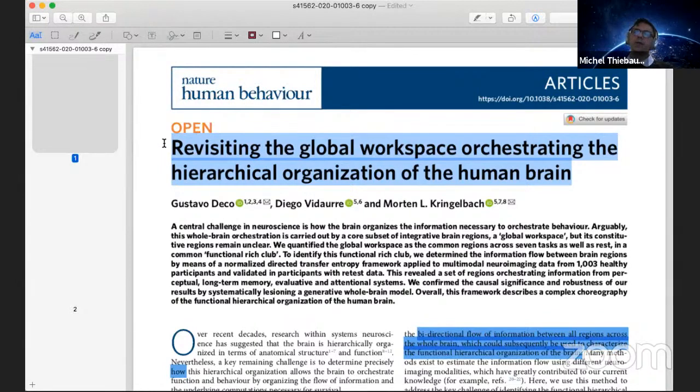Some people call it a multi-domain network, a group of neurons that can be recruited to do anything and help you have enough brain power to achieve what you want to do. And some others think that this is the place in the brain where consciousness happens, and that would be linked with a global workspace.